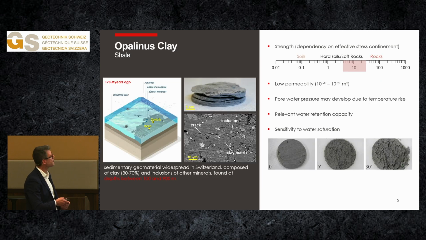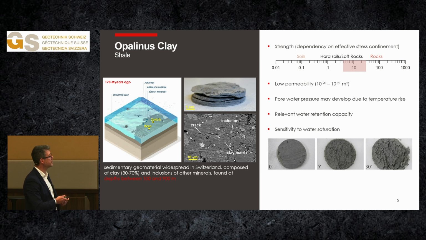Permeability is low, as we heard, so absolute permeability around 10^-20, 10^-21. The fact that the permeability is low can lead to pressurization of the pore water due to temperature rise. It's a material which also has a very relevant water retention capacity, the ability to attract water and to swell.